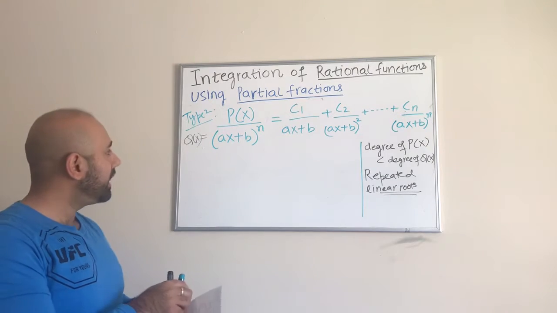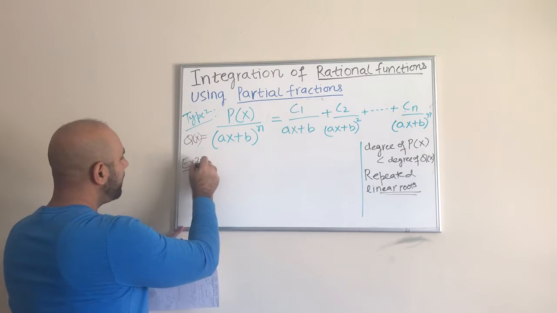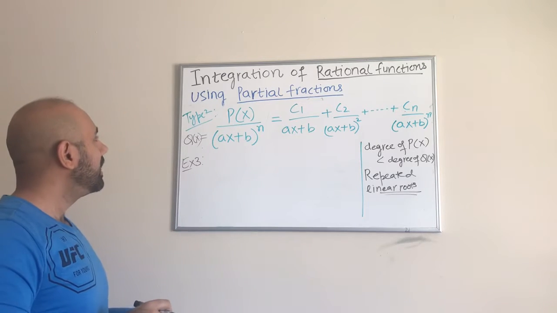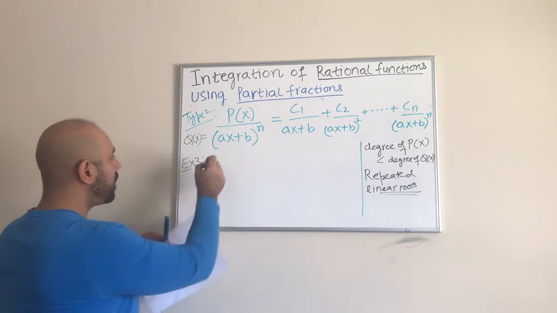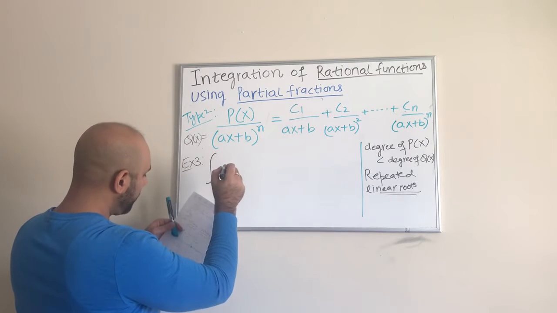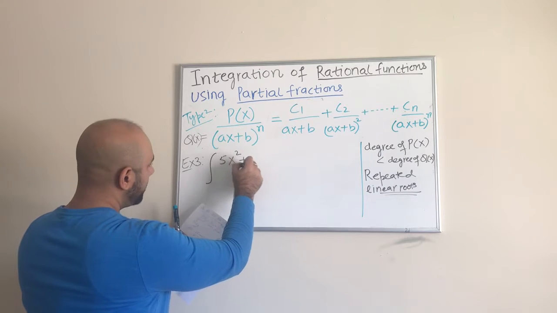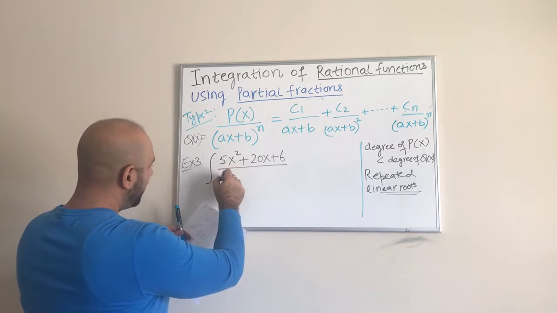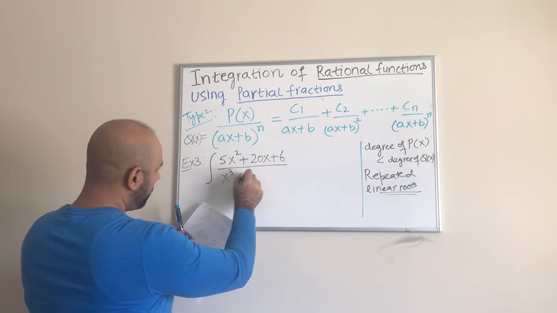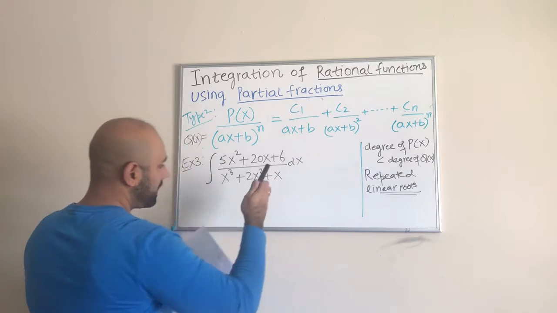So the first example that I'm going to show you here is, well, I think this is example 3 in this partial fractions world that we started last time. So the example is, we want to integrate a function of this form, (5x^2 + 20x + 6) divided by (x^3 + 2x^2 + x), of course with respect to dx.